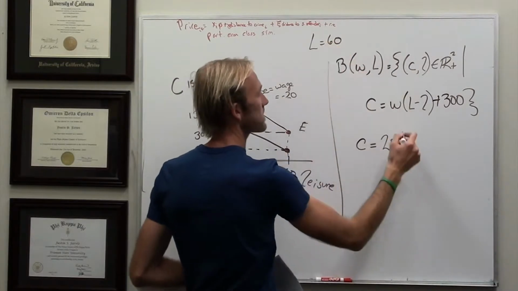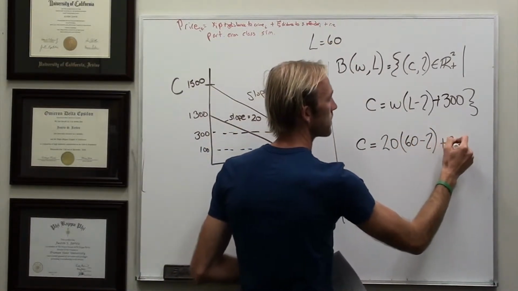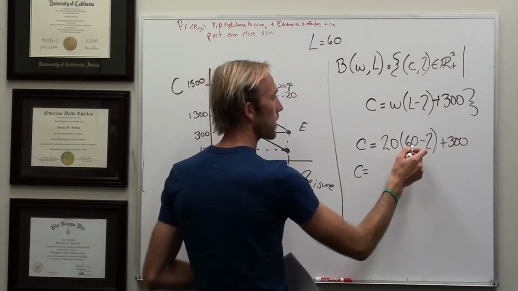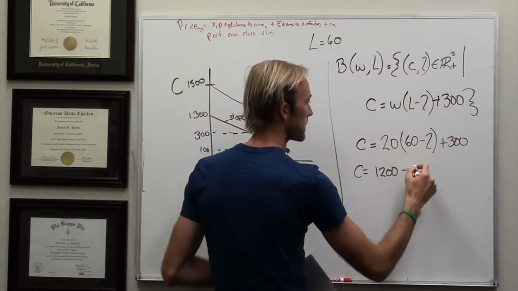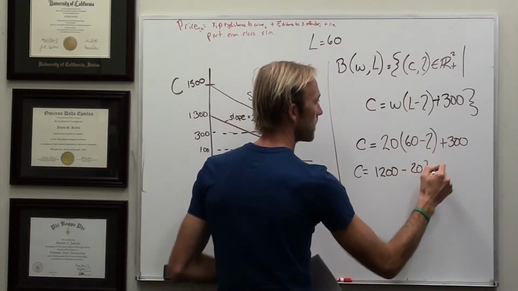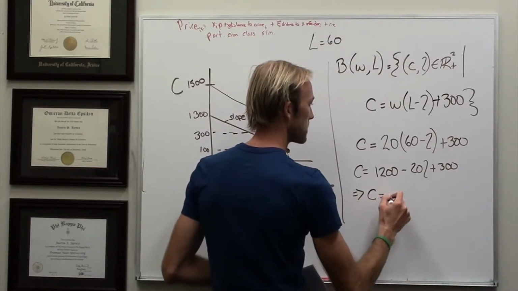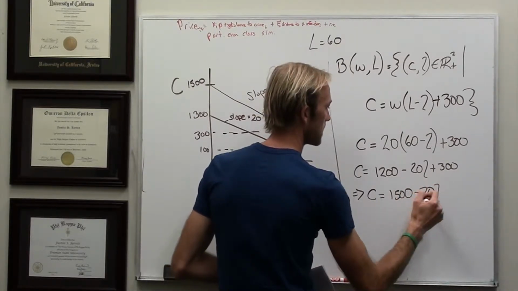I know cap L is 60, minus leisure, plus 300. Consumption is equal to, that's 1,200 minus 20 times leisure, minus 20L. Alright, plus 300 implies that consumption is equal to 1,500 minus 20 leisure.